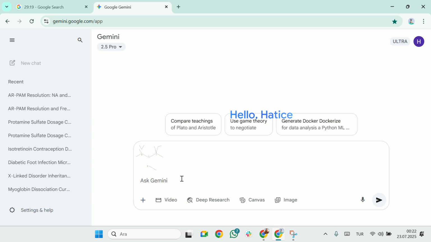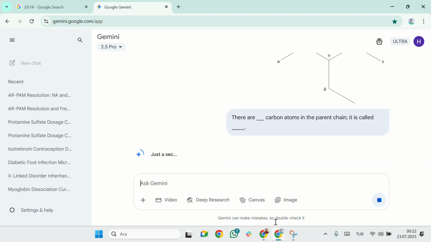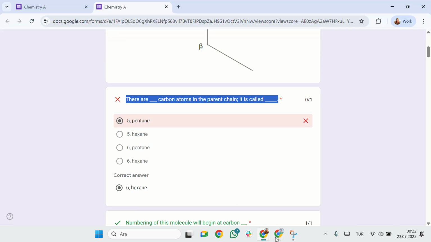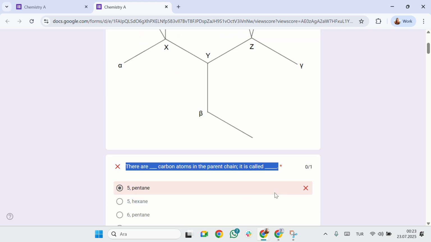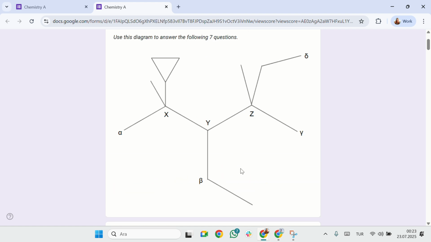I'm wondering what it's gonna say. It is 6-hexane. Did I count the carbons in the parent chain? What did I say? I said this was the main or parent chain. 1, 2, 3, 4. 1, 2, 3, 4, 5.